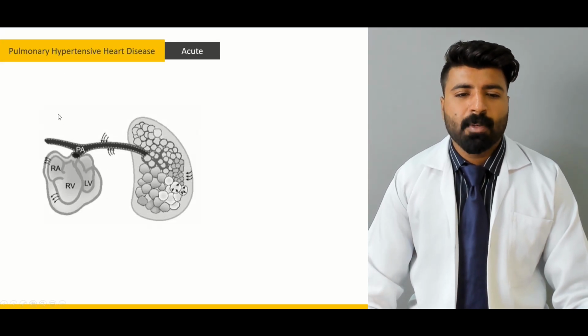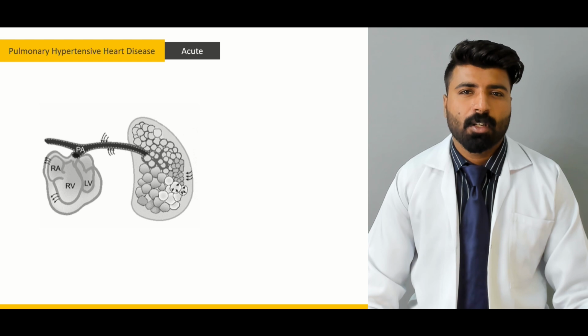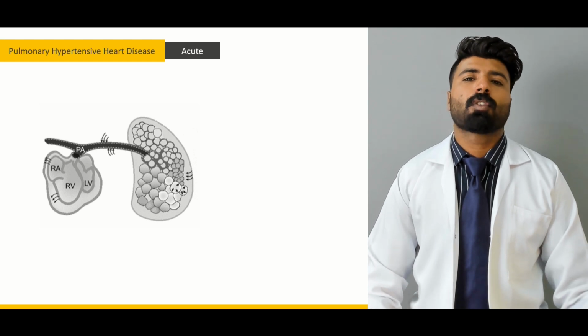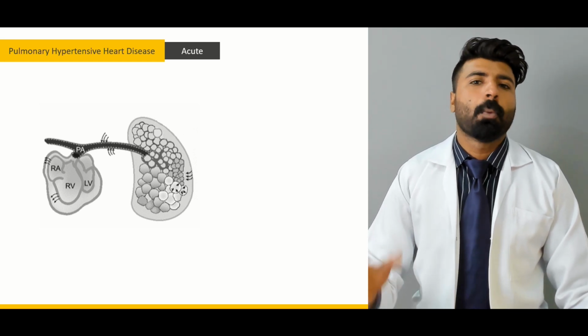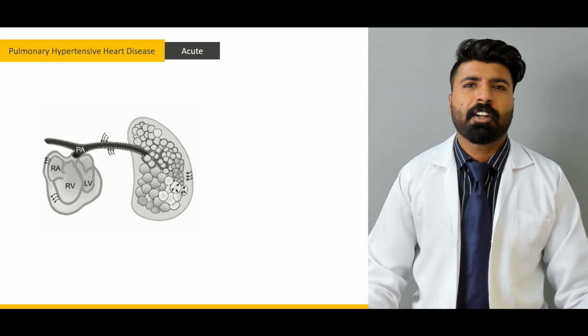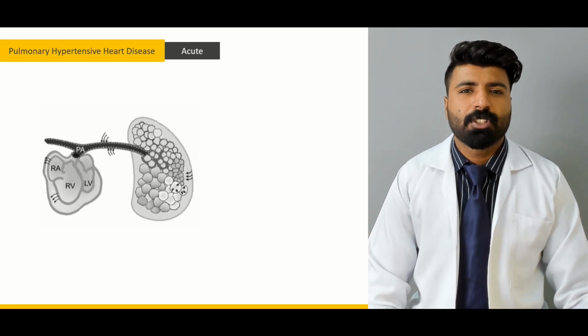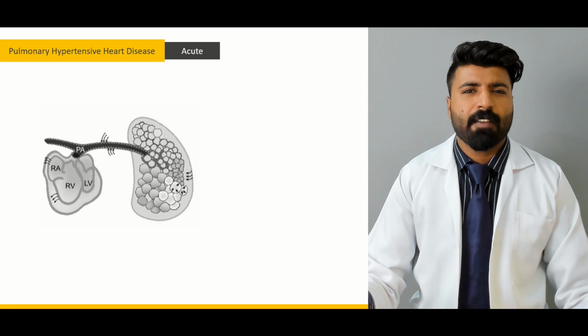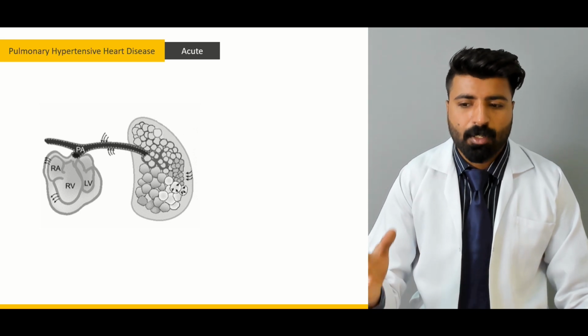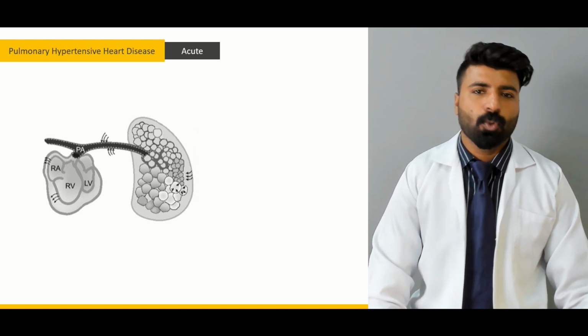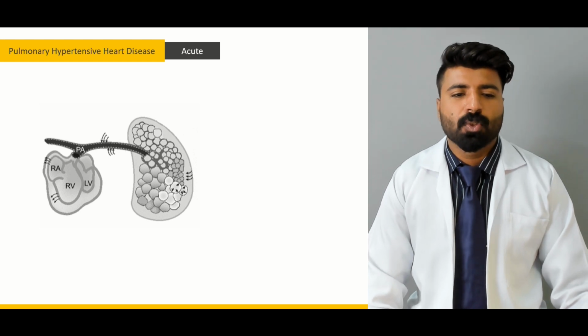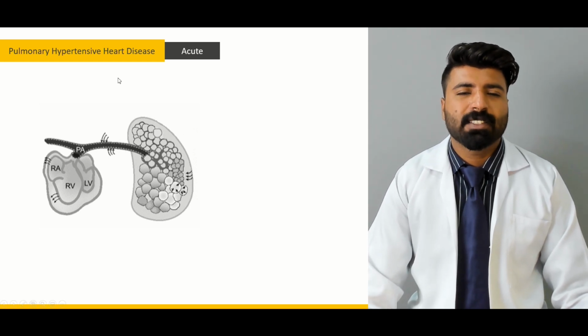So, what's pulmonary hypertensive heart disease? Let's talk about acute and chronic. What if it was not because of COPD or any kind of disease that the patient was having for a long time? Maybe it happened overnight. What can be those conditions which can lead to pulmonary hypertensive heart disease overnight?